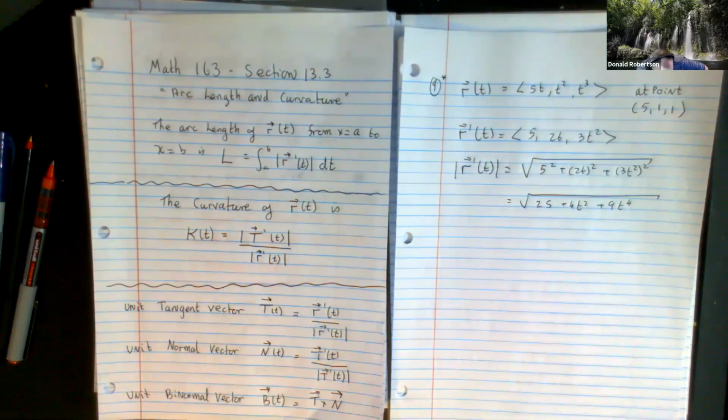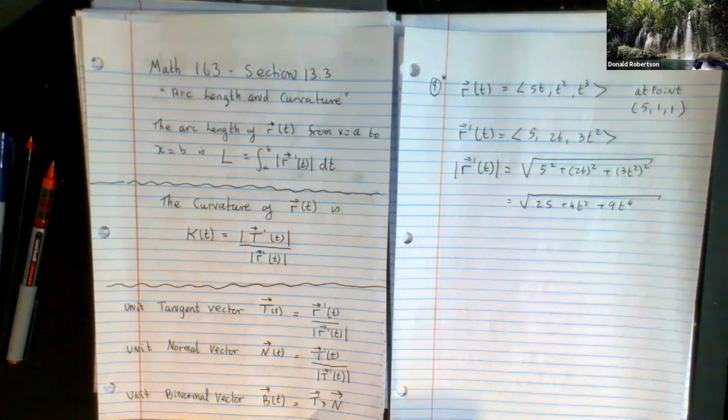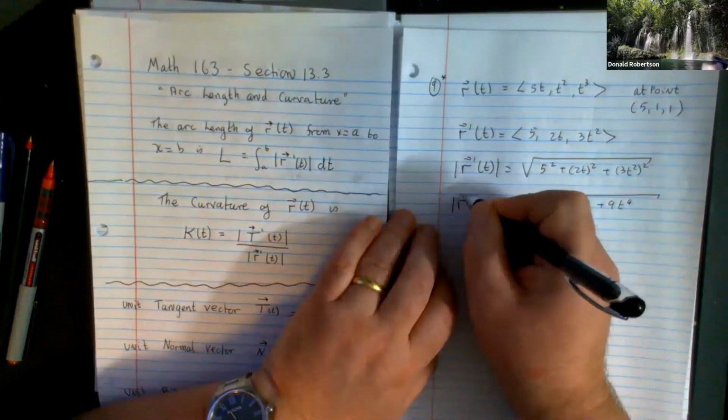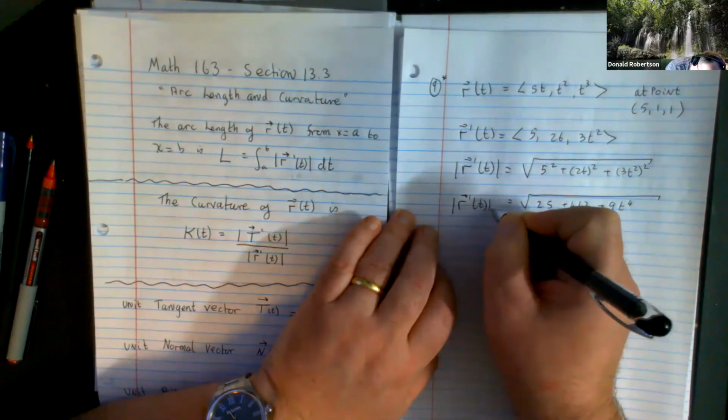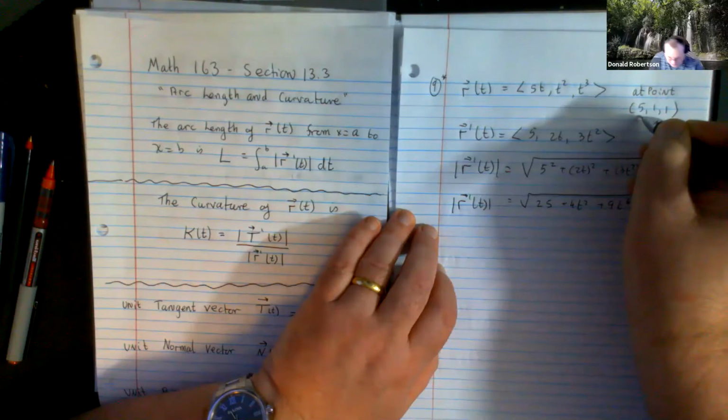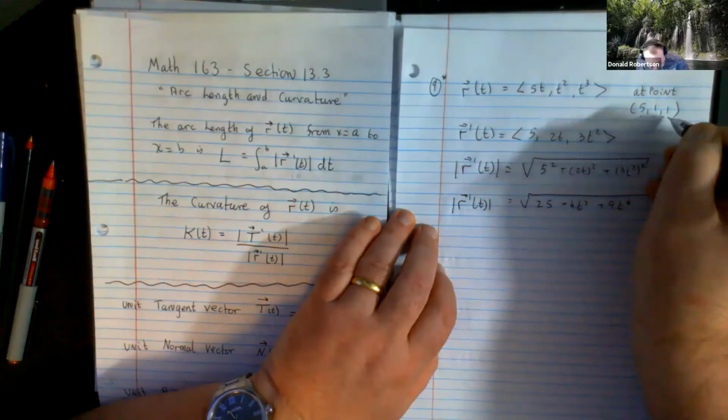Just checking that it might be a 3. No, it's not a perfect square, but it doesn't need to be, because we're only going to evaluate it at one point.